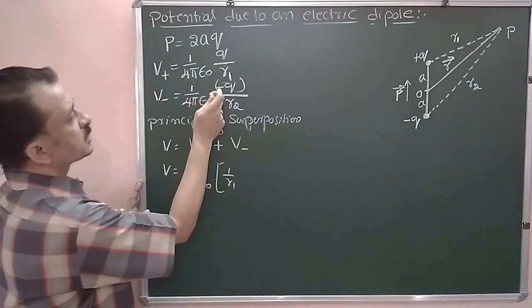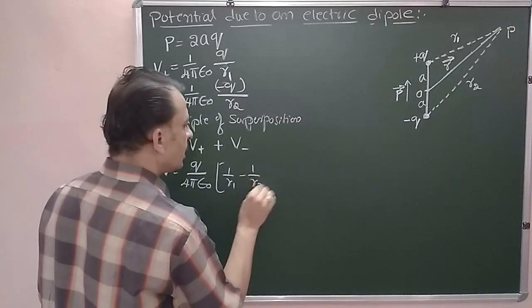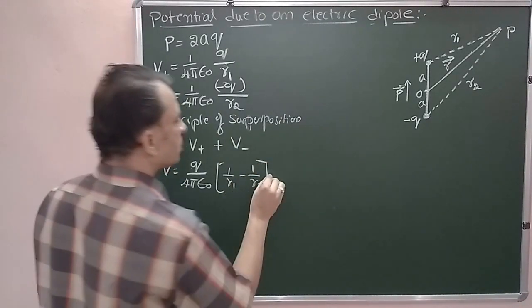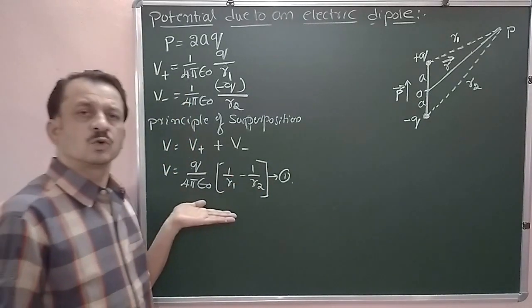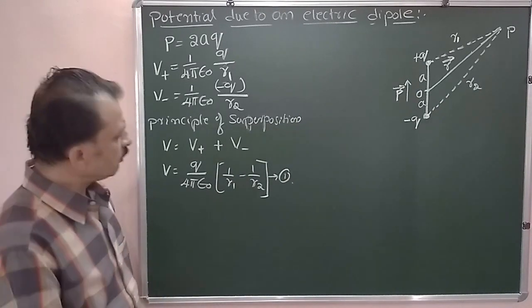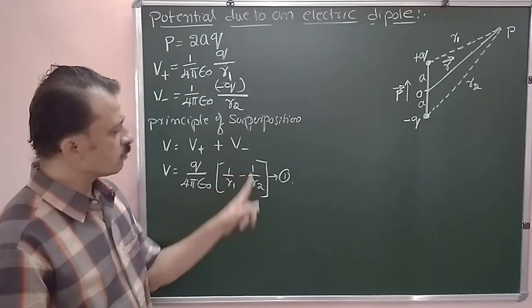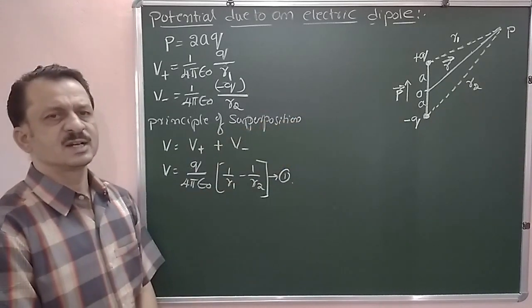In the second expression, we are left with minus 1 by r2. Let me call it equation 1. This is the total potential at the point P due to the two charges. Now I have to replace 1 by r1 and 1 by r2 in terms of a known value, that is r.